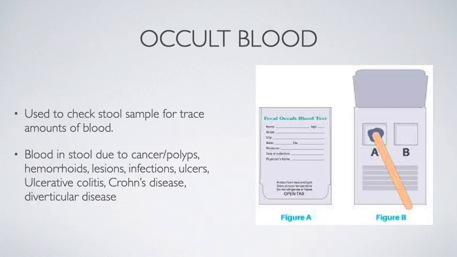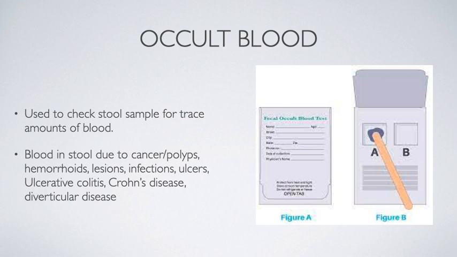So for the occult blood stool sample, we have the slide here. A small bit of stool is applied to the little areas for the stool. The slide is then covered, and liquid is used to interact with any possible blood in the stool to identify trace amounts that you can't see with your eyes.